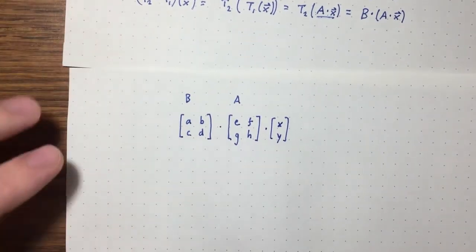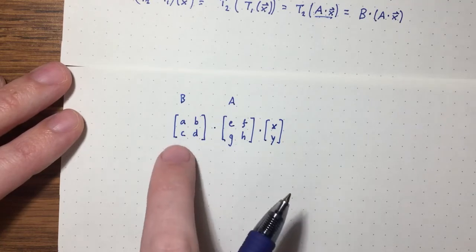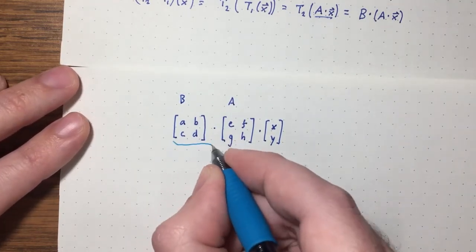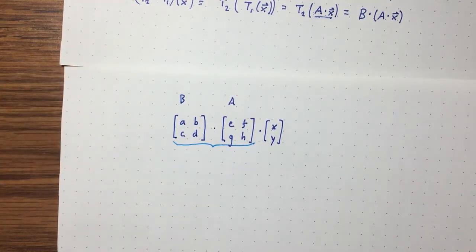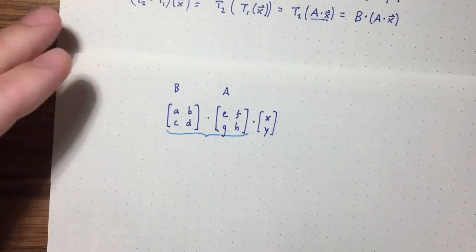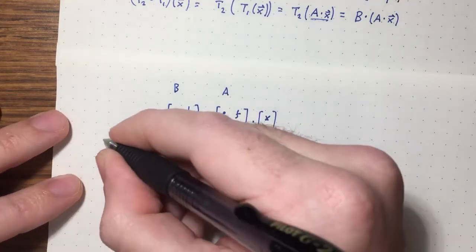I want to write down the matrix for essentially the product B times A. We haven't talked about matrix multiplication yet, but I'm going to try to write down the matrix for this product just by thinking about the linear transformations. So that's what I'd like to do.